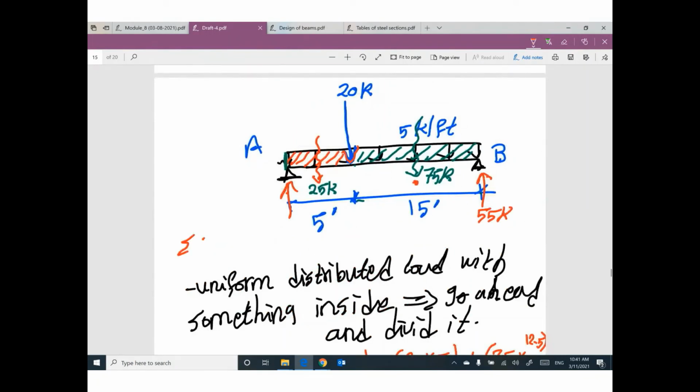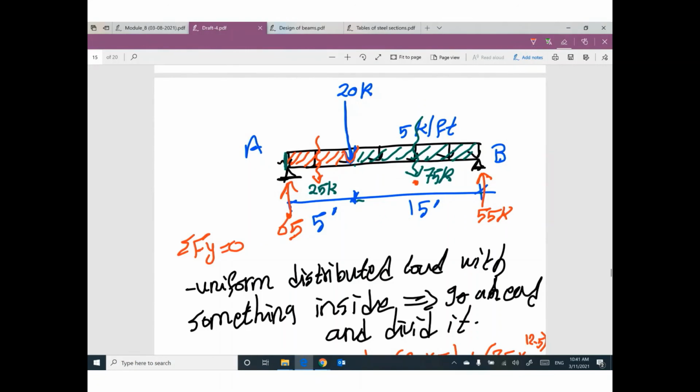If you apply summation of Fy equals 0, I can figure out the other reaction. It will be 65. Okay, any question?